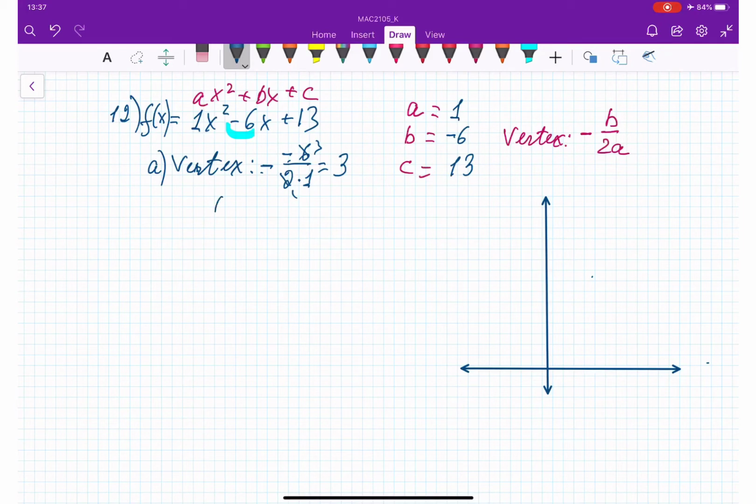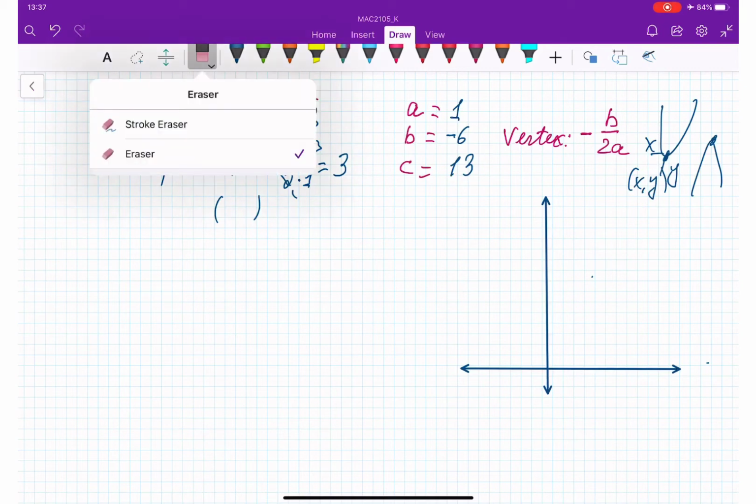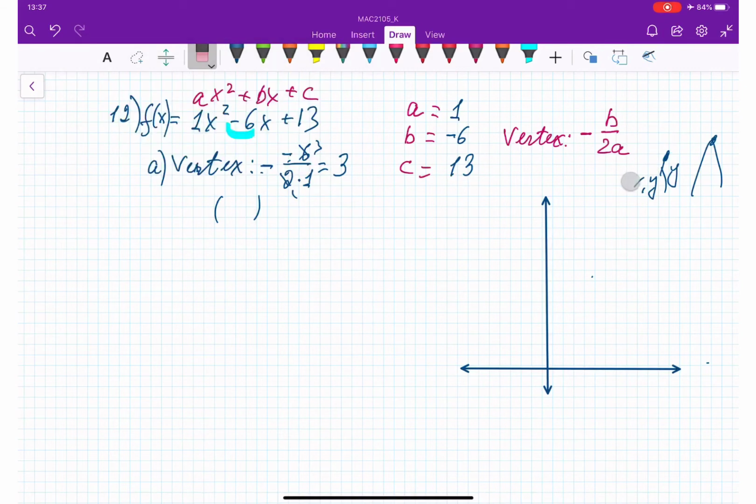So the vertex is represented in the format of a coordinate because, you know, if the point is here or here, doesn't matter, it has its x and y, right? This is y, this is x, correct? So therefore, it's going to be in the format of coordinate xy. Okay? So that means my x is 3. Now let's find out y.